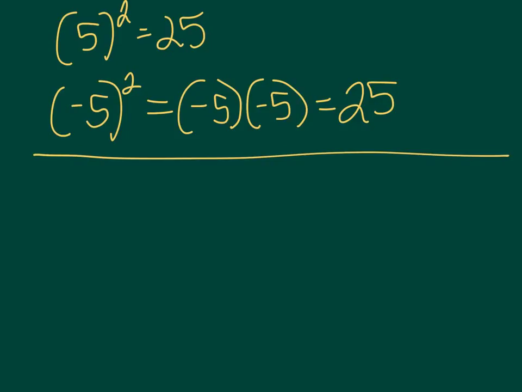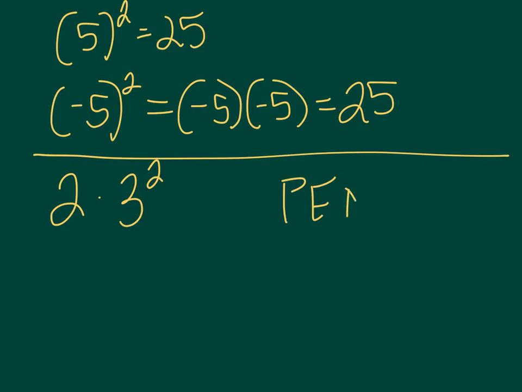The other common mistake that kids make is when you have an expression, let's say like 2 times 3 squared. A lot of students will do 2 times 3 first and get 6, and then square that and get 36. And that's not correct, because again, if you think of the order of operations, exponents come before multiply.